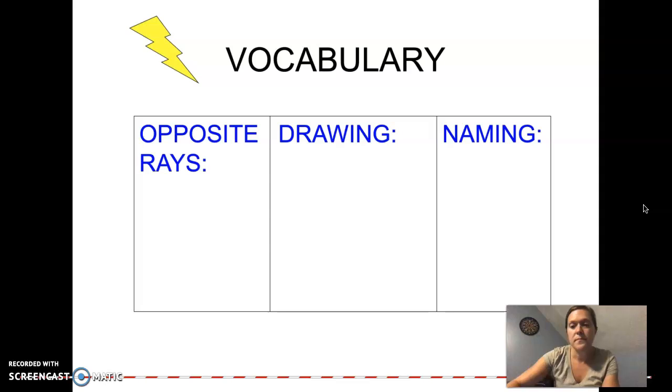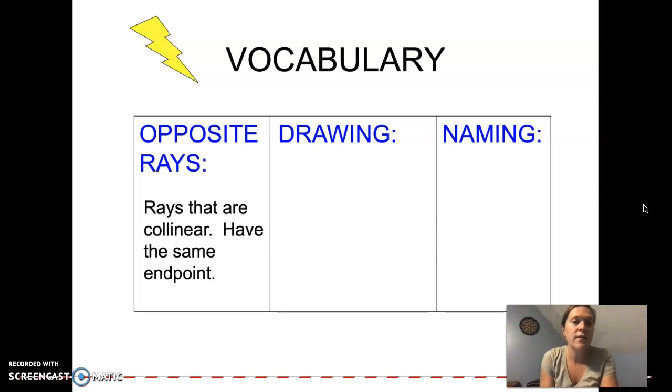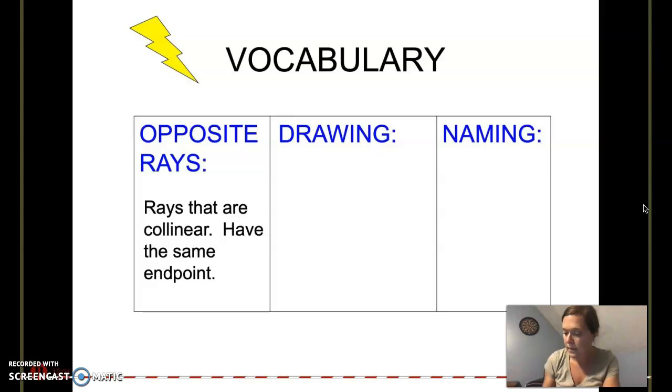Opposite rays. Opposite rays are rays that are collinear and have the same endpoint. So here is a drawing of opposite rays. So here's ray AB. We'll go back to that one. Now if I make a ray going off in the opposite direction, let's call it ray AC, notice how those 3 points are all on the same line, and those 2 rays have the same endpoint. So let's name that.